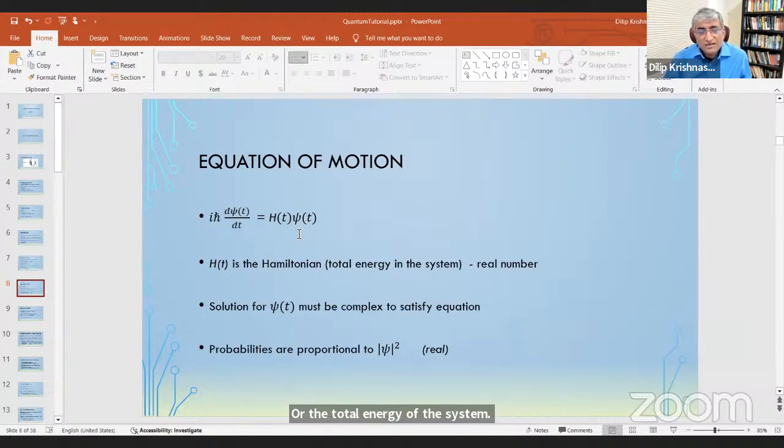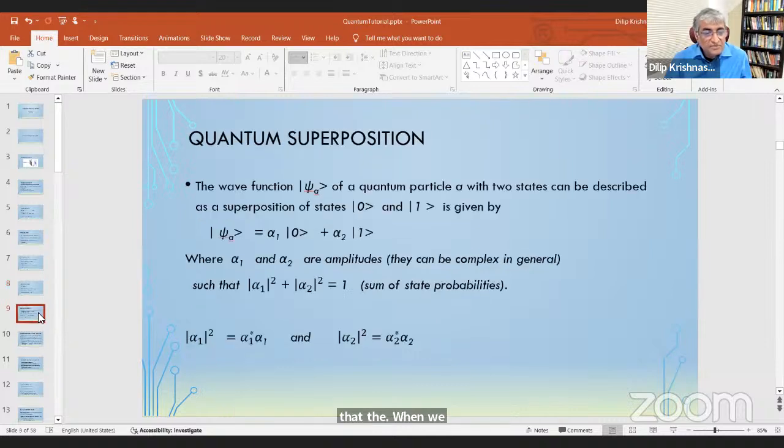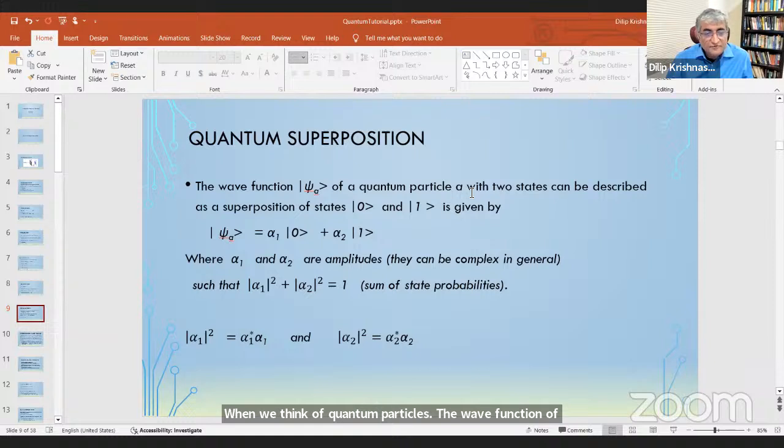Now we will see that when we think of quantum particles, the wave function of the particle can be described as a superposition of different states.